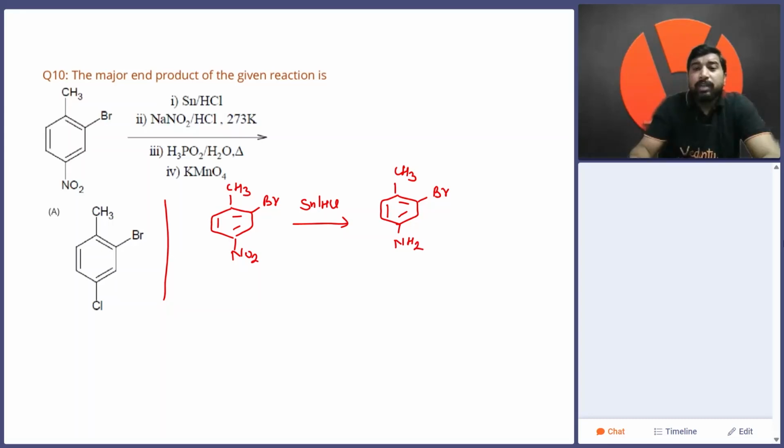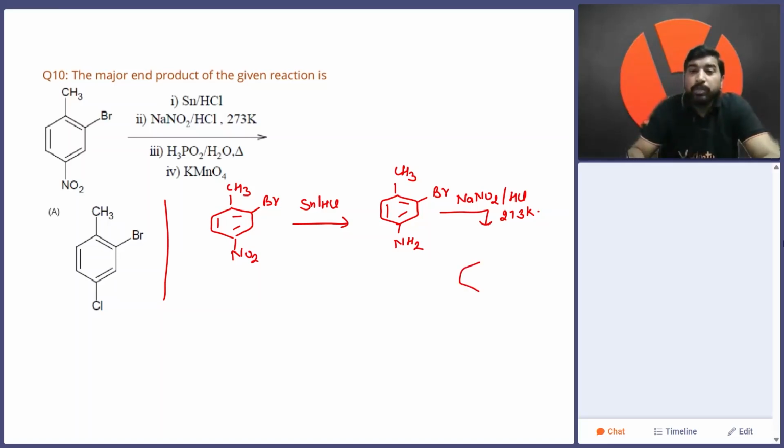After this, it will react with NaNO2 at 273 Kelvin. So it is a reagent which converts the aniline into the diazonium salt. Basically, the NH2 will convert into the diazonium salt.